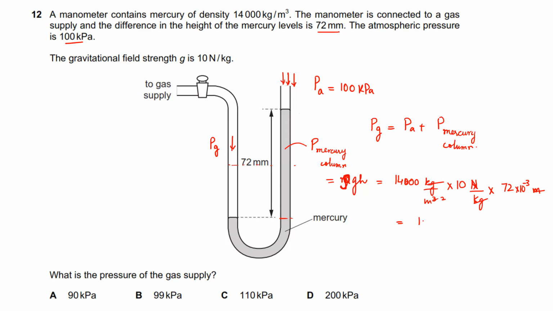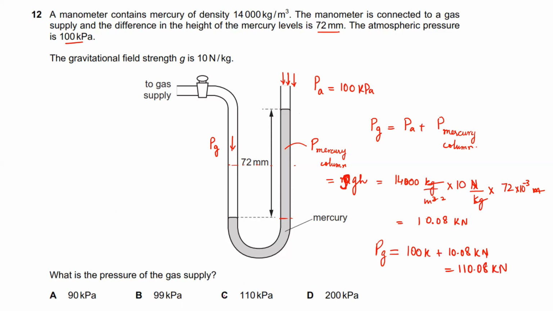So overall this becomes 10.08 kilonewtons. So now the overall pressure of gas will become 100 kilonewtons plus 10.08 kilonewtons, and this becomes equal to 110.08 kilonewtons.